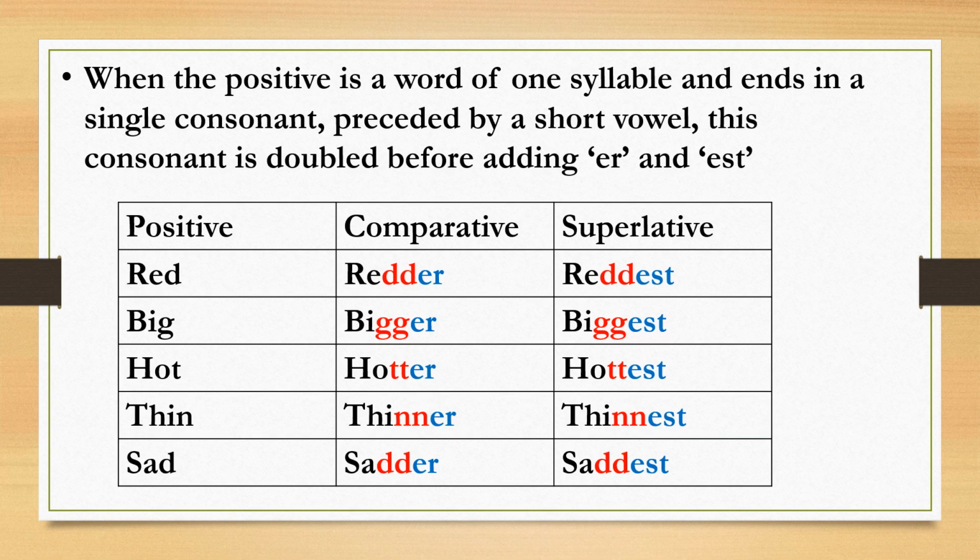The word thin in the positive becomes thinner in the comparative and thinnest in the superlative, where the letter n is doubled. The last word, sad, in the positive becomes sadder in the comparative and saddest in the superlative, where the letter d is doubled.